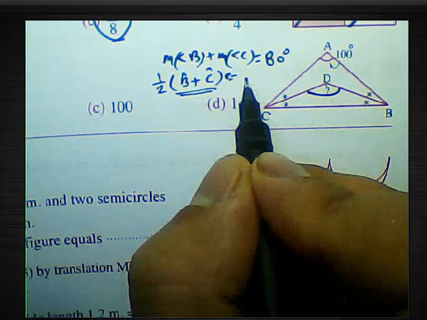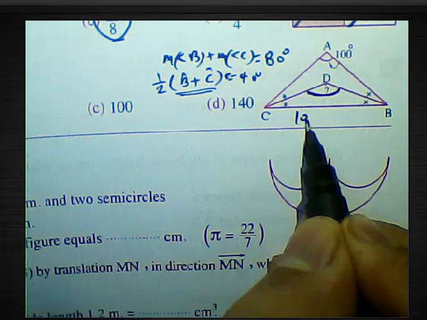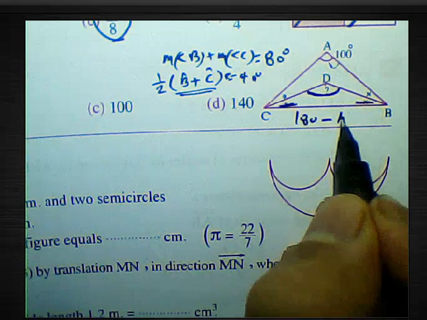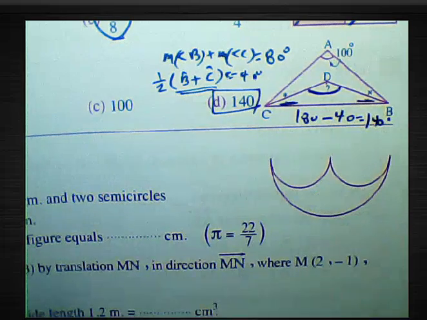Half of them equal 40 degrees. The measure of angle D equals 180 subtract the sum of the two angles in the base. The result will be 140 degrees.